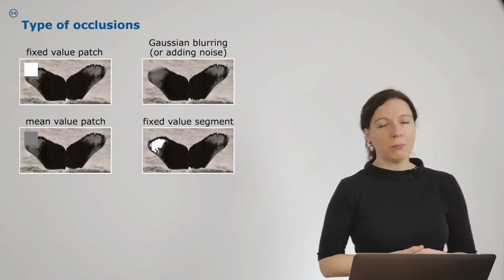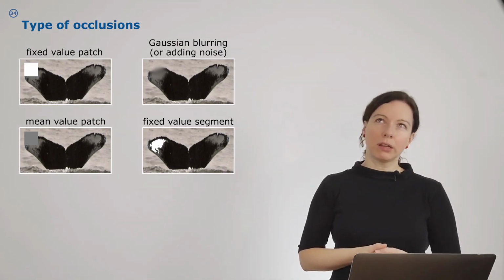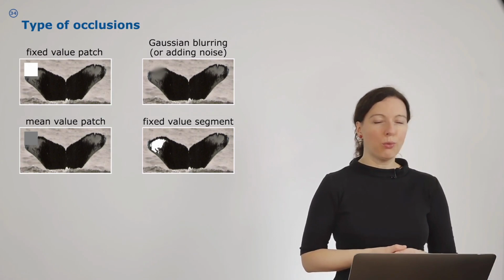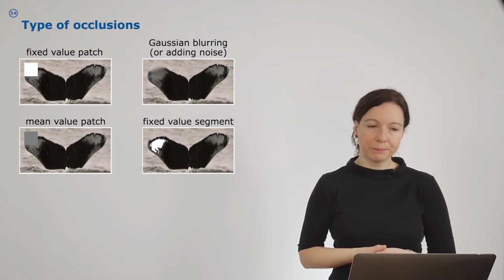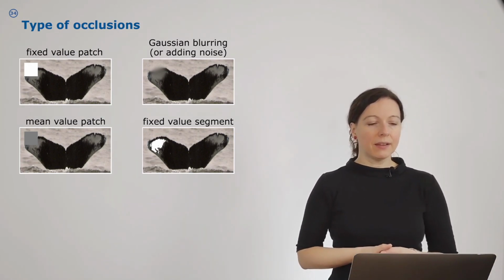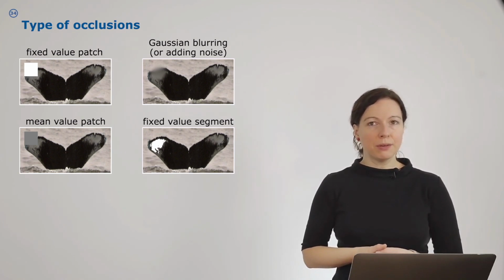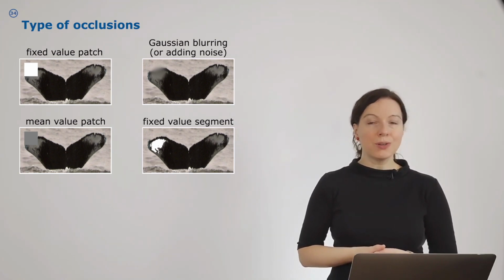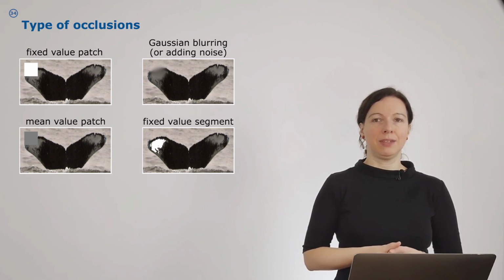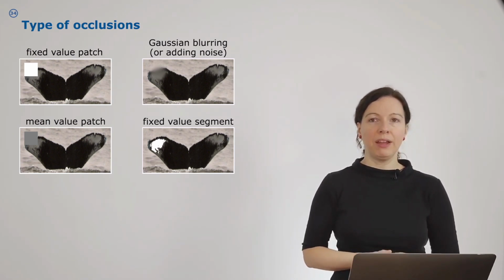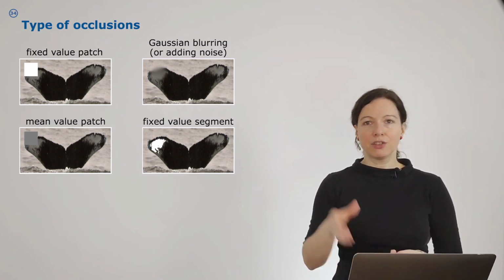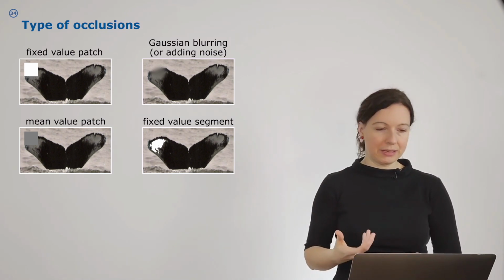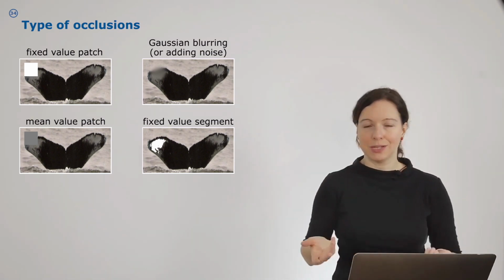And then you might ask, okay, I'm talking about occlusion, but how do I actually occlude? This is difficult to answer because you can't really occlude or delete something in the image. As before with the Shapley values, you can't just take it out because then you would have a hole in the image. It doesn't make sense.